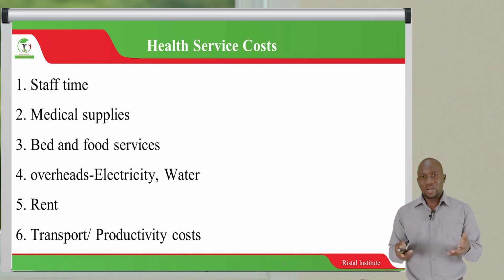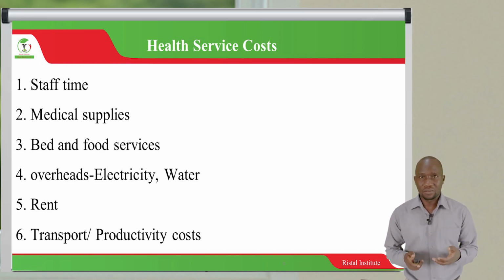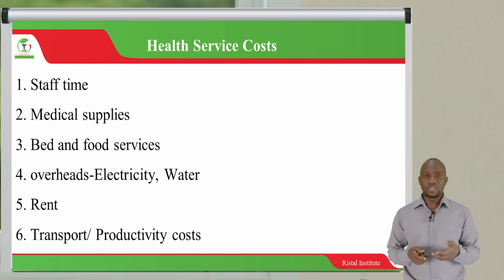Another terminology perhaps that we can use is what you call health service costs. So for example, if someone contracts, let us say, typhoid, the cost of treatment can include the time that the health worker will spend on this patient, all the supplies used in testing and diagnosing the typhoid, the medical supplies will have to be included in the costs.